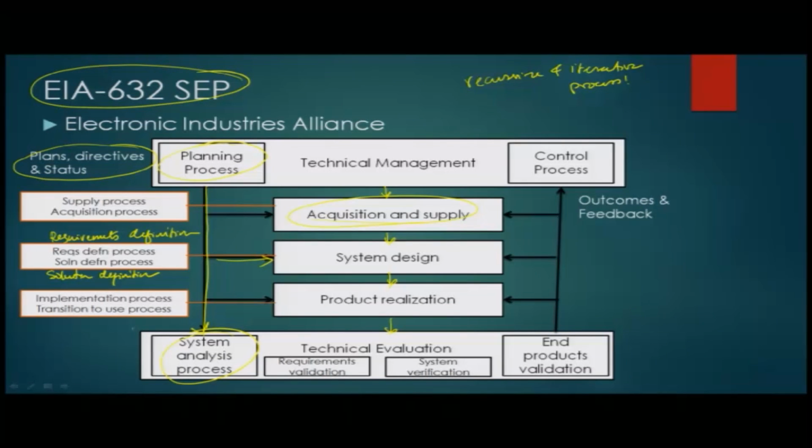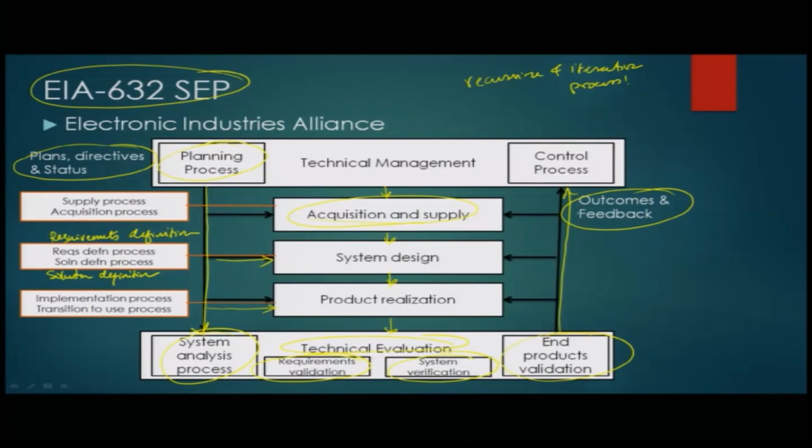And then you talked about realizing the product, where the beta prototype is realized, the implementation process and transition to use process. Then you get into what you call the technical evaluation process, where the system analysis happens, then the requirements are validated, the system is verified, and then the end product is validated. And then you go back, where the outcomes and the feedback control the process.